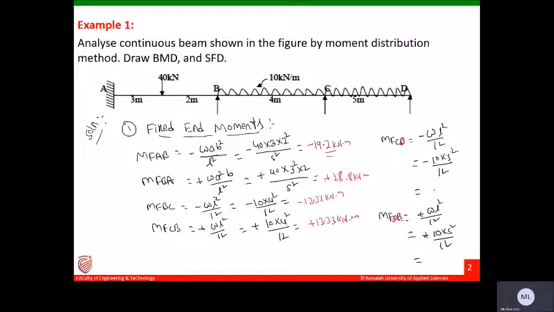MF of CD is minus WL square by 12, so we will get minus 20.83. Similarly, MF of DC will be plus 20.83 kilonewton meters. So this is the value you will get.